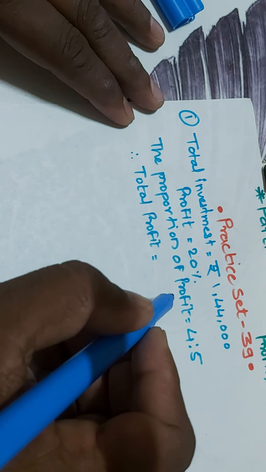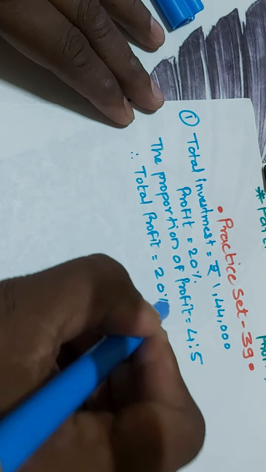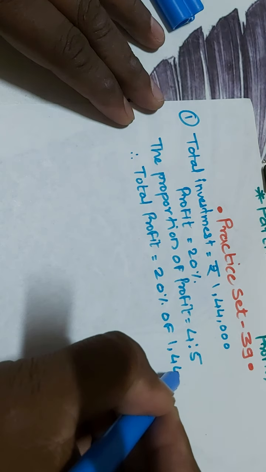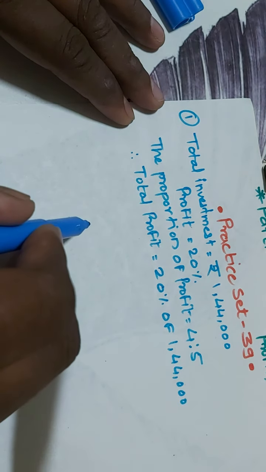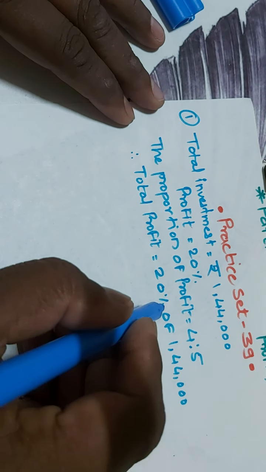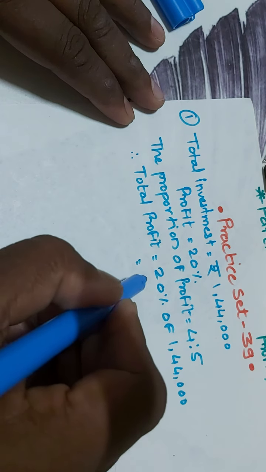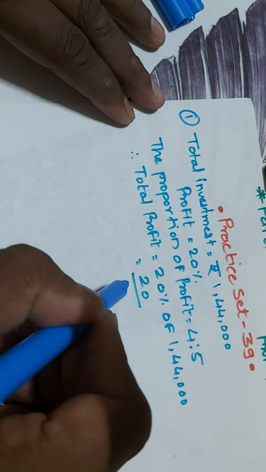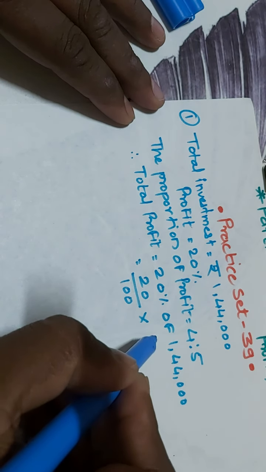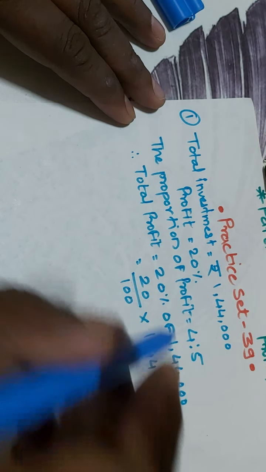Okay. So now here we have to find 20% of 1 lakh 44,000. For percentage, we always take 100. So it is equal to 20 upon 100 multiplied by 1,44,000.